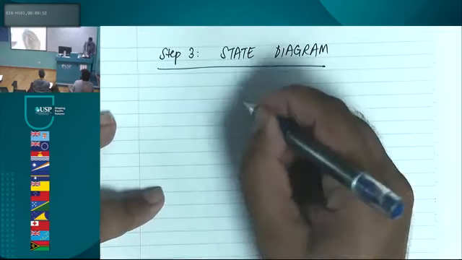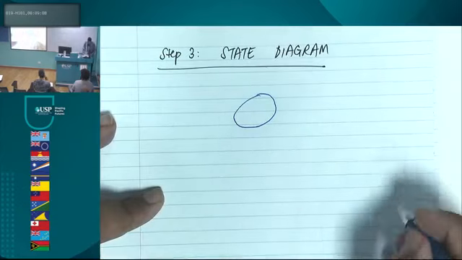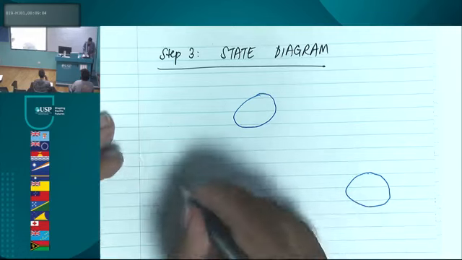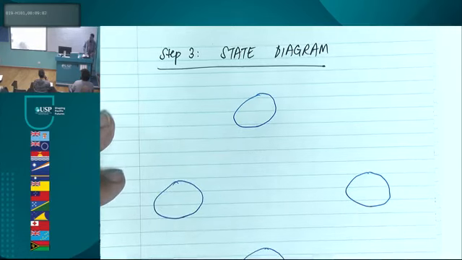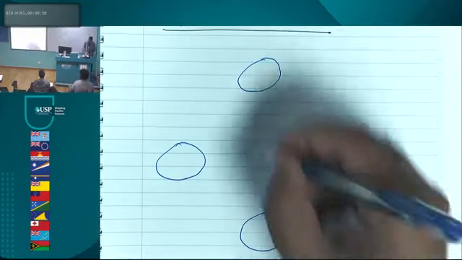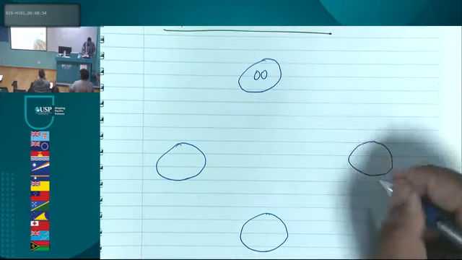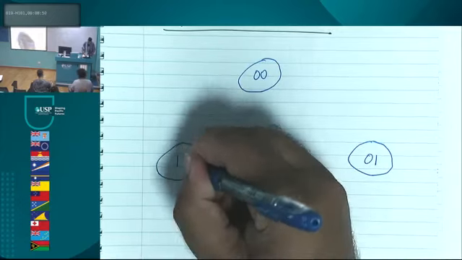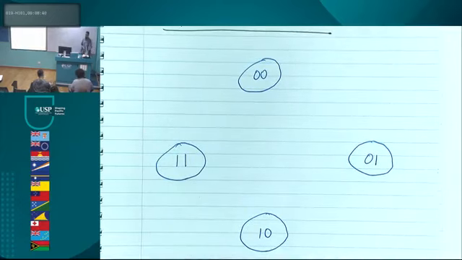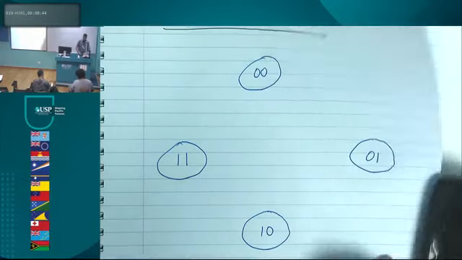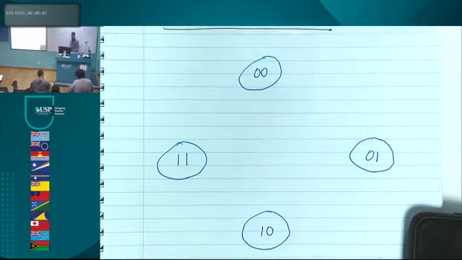Right, so let's do this. You draw something like that. 0 0, 0 1, 1 0, 1 1. 4 possible states. Okay? Now, what exactly am I trying to show over here to you guys?